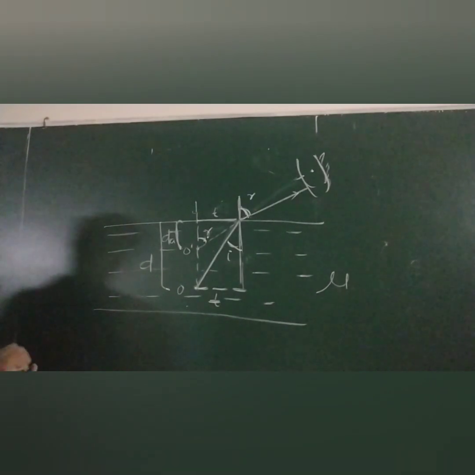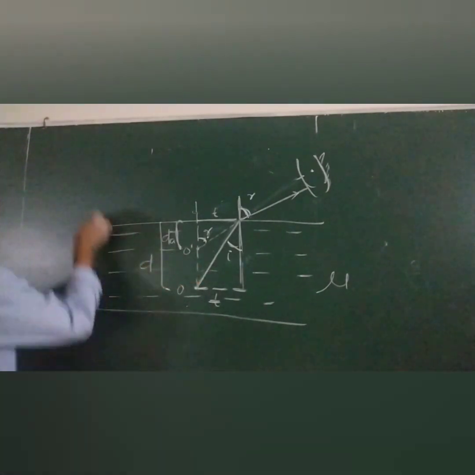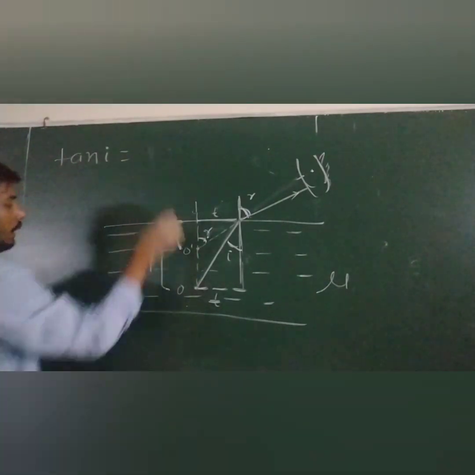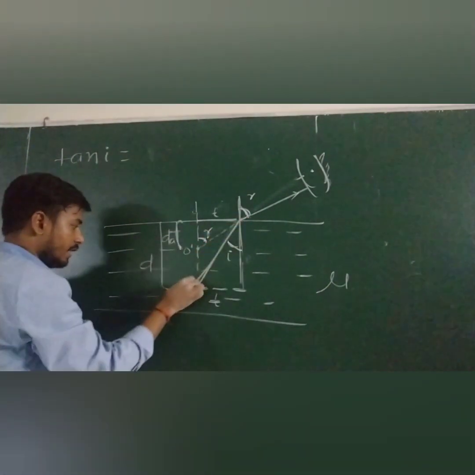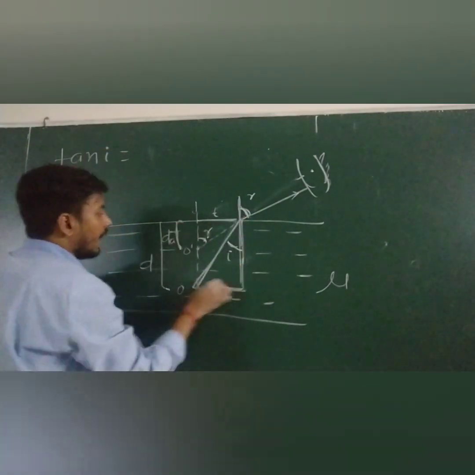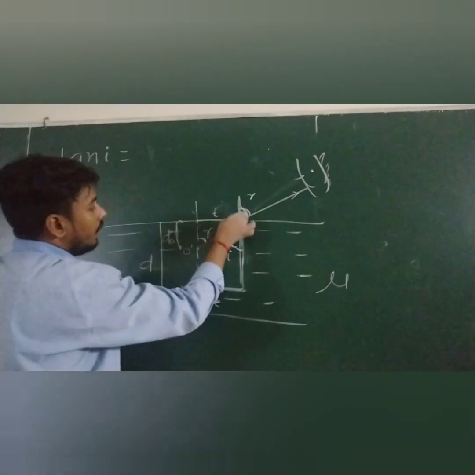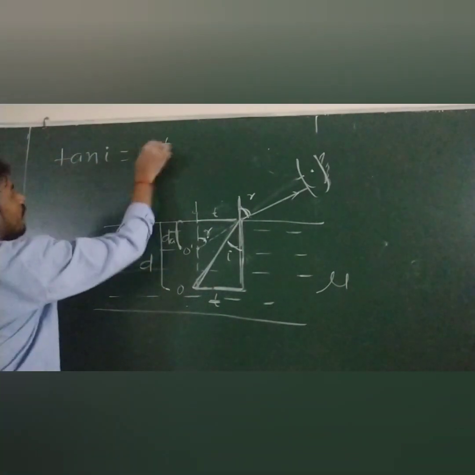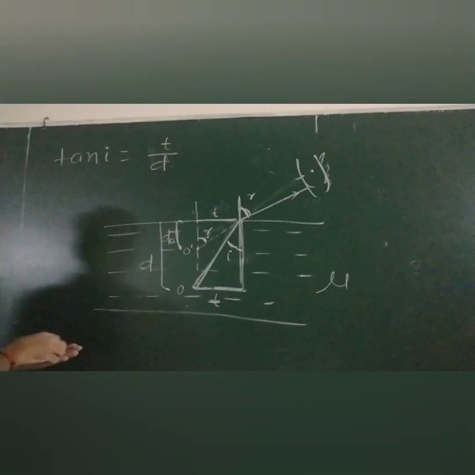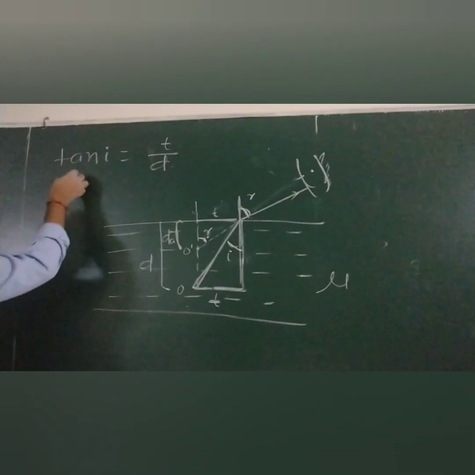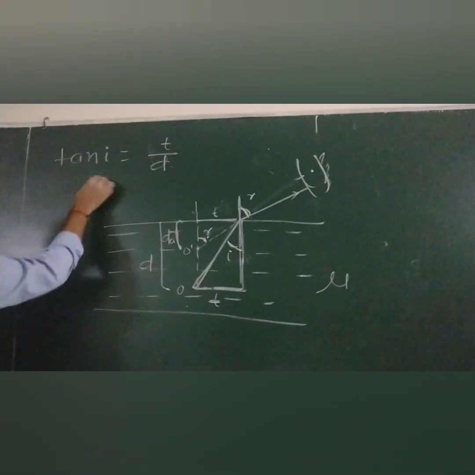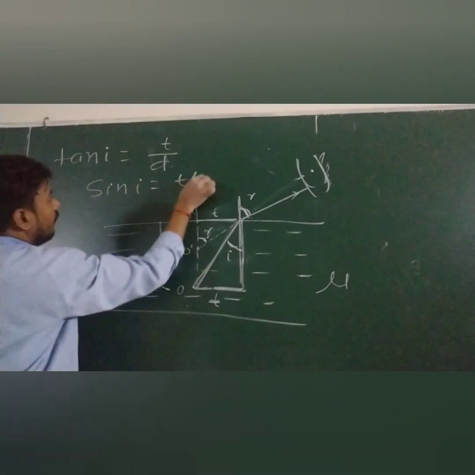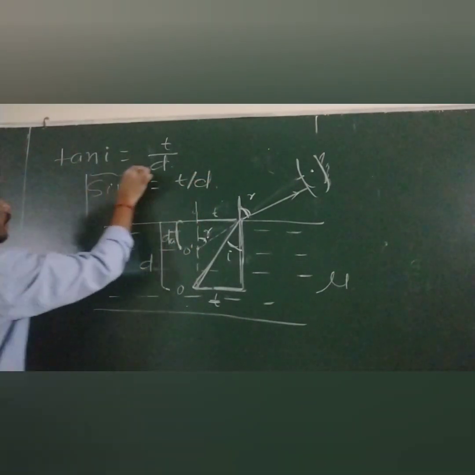Now write one by one. Here, tan i, in this triangle, is equal to t by this depth d. So t by d. For small angles, tan i means sin i, so we can write sin i is equal to t by d.